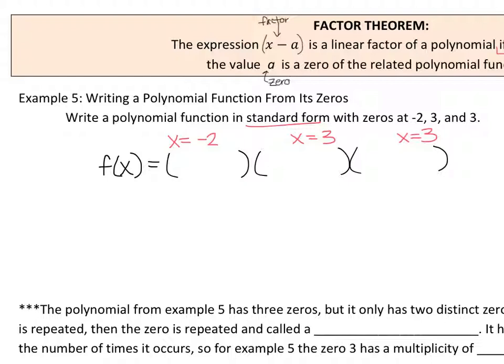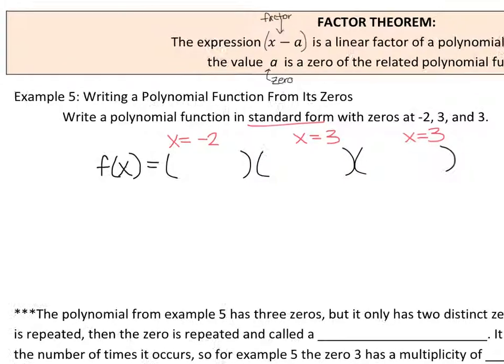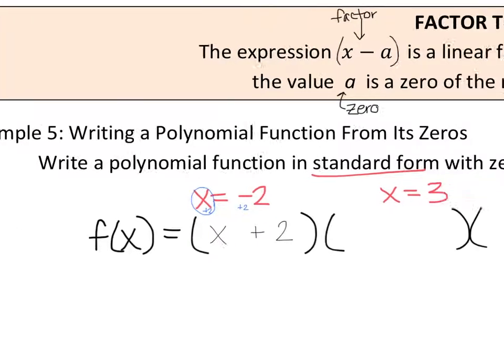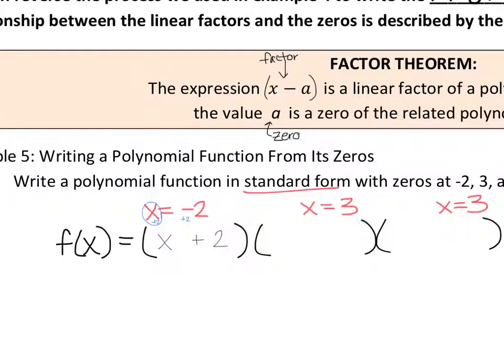So x equals -2. If we wanted to work that backwards, we could add 2 to both sides, and this right here is your factor. So our factor is x plus 2. Okay, so what would the next one be? x minus 3, and the last one's the same.